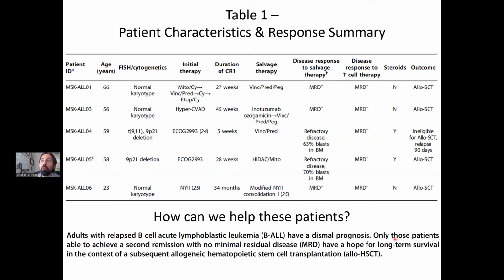The only hope for these patients is to get rid of the cancer to achieve a second remission with no minimal residual disease, so no disease detectable at all, and then get a stem cell transplant. So the hope for long-term survival is this stem cell transplant. Let's walk through the stem cell transplant, but before we get there, let's talk about the rest of the table.